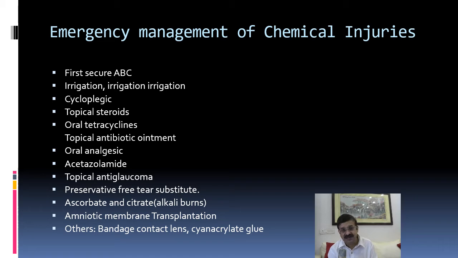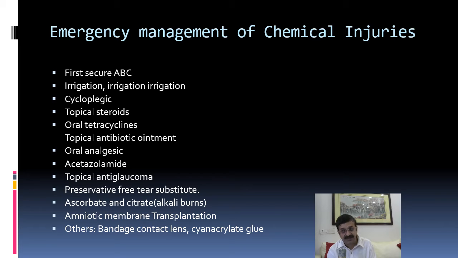Oral tetracycline, in the form of doxycycline or minocycline, has to be given. They limit scar formation, and like vitamin C, they also promote the formation or the repair of the burnt cornea. Now topical antibiotic ointment, without any doubt we have to give, so that secondary infections do not occur.